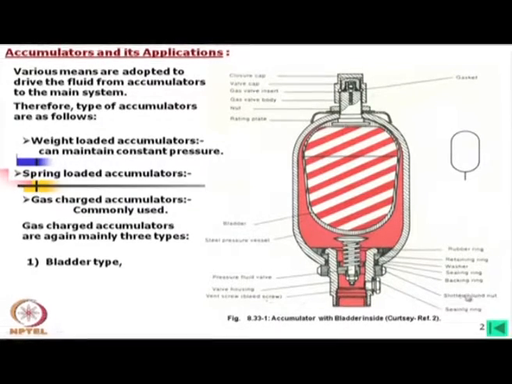Then this is a slotted round nut to fix this one, and there are many other small components to make these fittings leak proof from the accumulator. And the symbol of this accumulator, whether it is bladder or other type, is usually given by a single symbol like this.